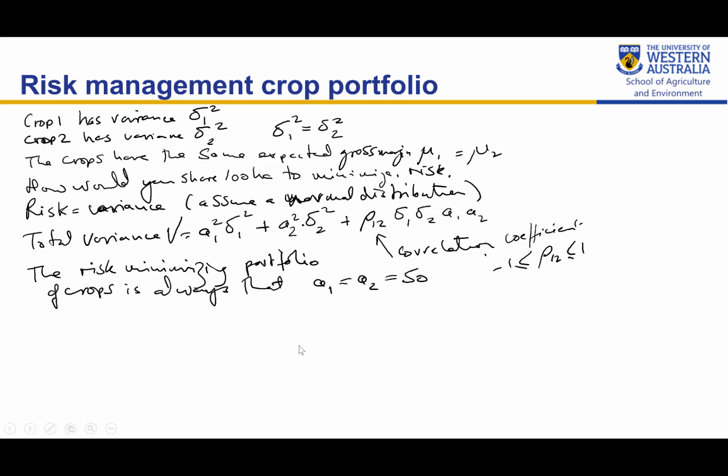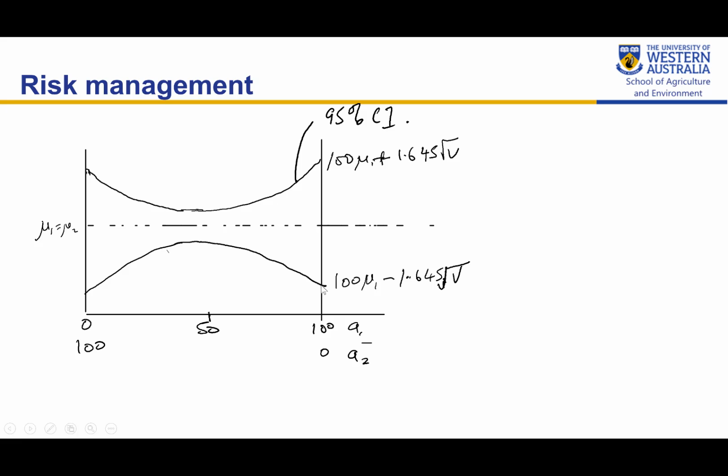Or if you're saying what is it in terms of proportions, then the variance is always minimized where 50% of the land is used to produce crop 1, and 50% to produce crop 2.